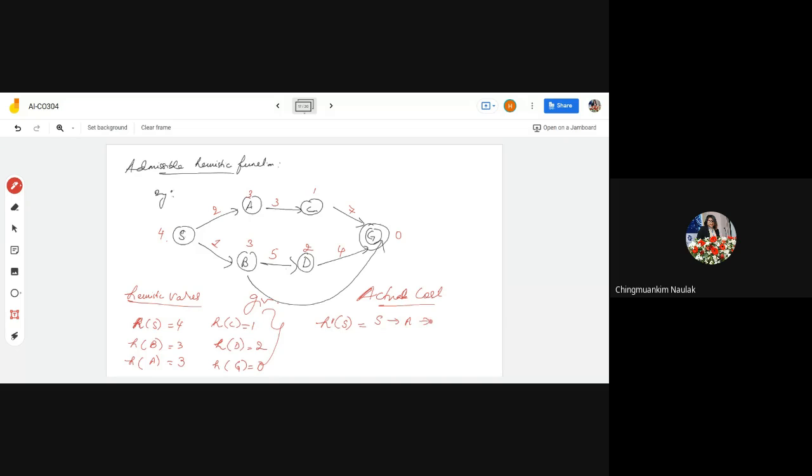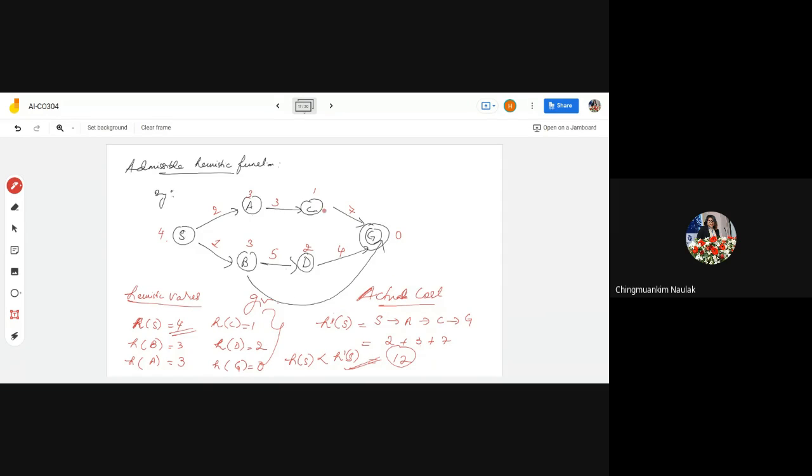Let's follow the path S A C G. It is 2 plus 3 plus 7, how much is it? 12. And how much is the heuristic value of S? It is h of S, and the value is 4. Is 4 lesser than the actual value, that is h dash S? Yes, it is lesser, right? So this is admissible. That's how you prove it.